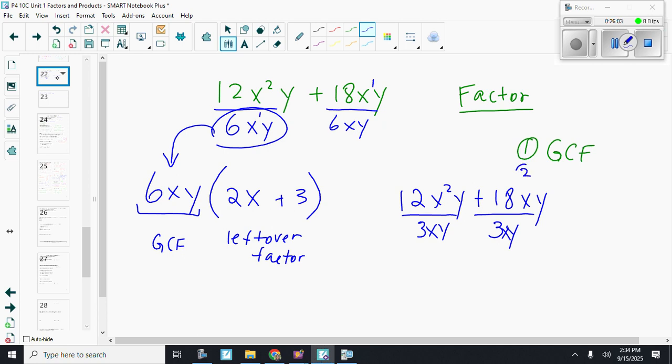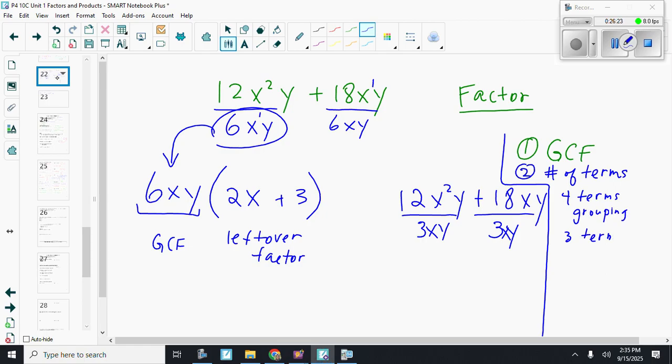The second thing, we look at the number of terms, because that will help us determine what to do. If there are 4 terms, we're going to do grouping. If there are 3 terms, we're going to do product sum. I'll just shorten it to PS, the product sum method.